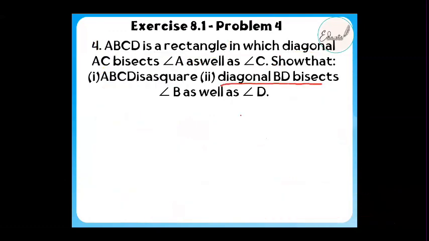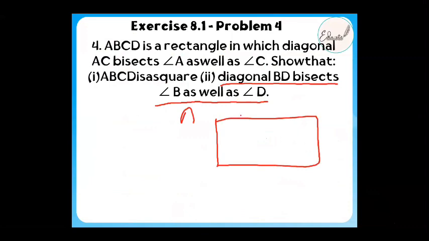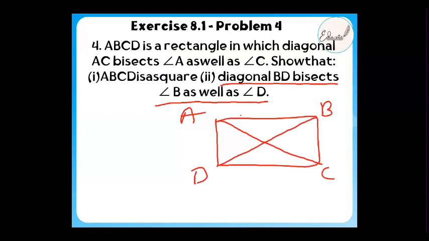Show that diagonal BD bisects angle B as well as angle D. This is a figure which we have to draw on our own. They won't give this figure for you. So if ABCD is a figure, and they have told you to show that the diagonal BD bisects angle B and angle D. Now what we have to prove here is that this angle is equal to this angle, and this angle is equal to this angle.